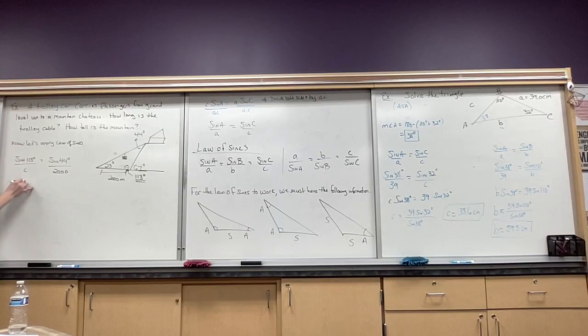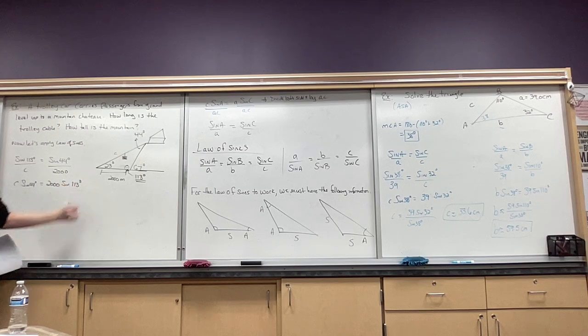All right, cross multiply. So we get C sine of 44 degrees equals 2,000 sine of 113 degrees. We'll divide. Again, I'm going to wait to the very end to plug all this stuff in.